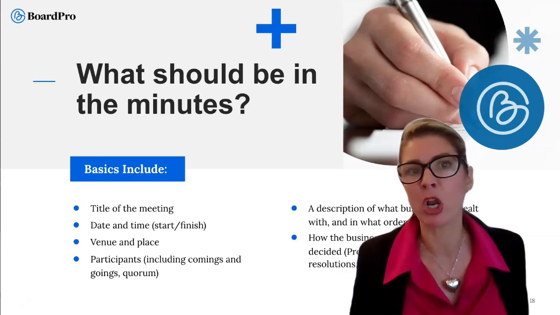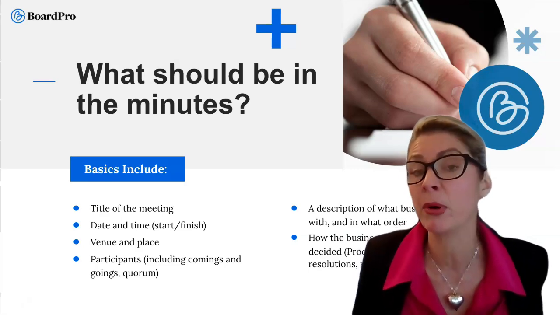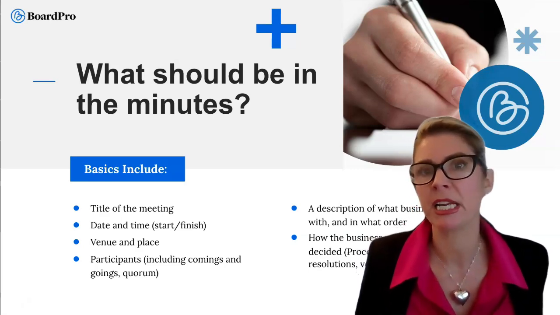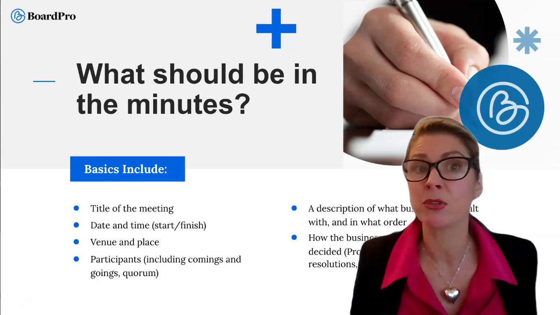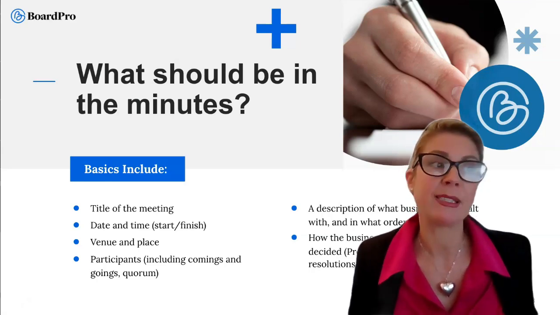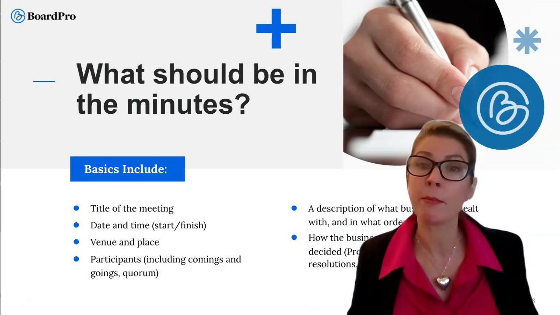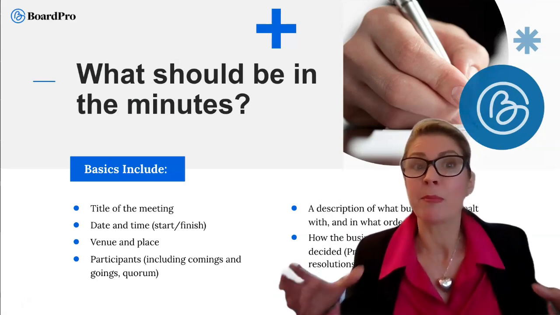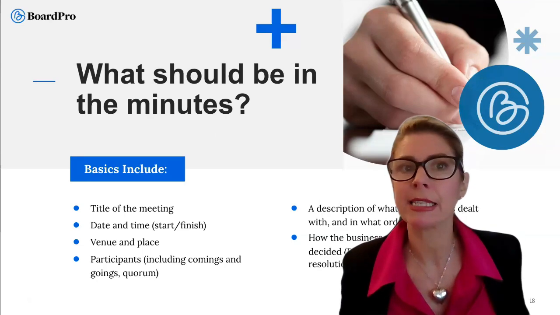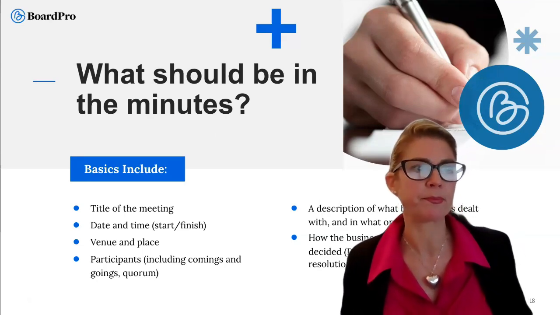You might need a longer minute when you are describing the decision-making process, particularly all the options that the directors have considered before making the decision. But if it's just for information or a talking point, a presenter or a guest that's come to speak to the board, a very, very short minute is all that's required.